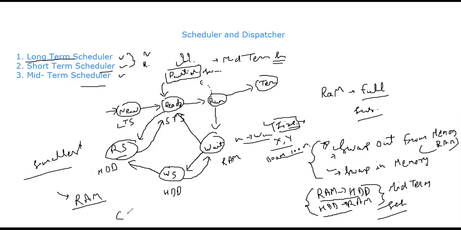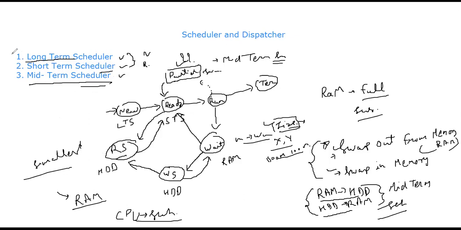Once we move into CPU scheduling, we will pick many different criteria. I have just given one example of how processes can be moved out from memory and moved into memory, why scheduling is required, and which scheduler works for them. That is the overall functionality of the mid-term scheduler.